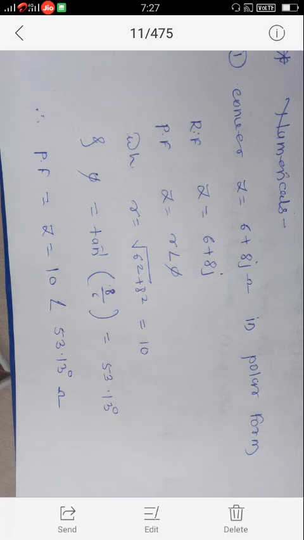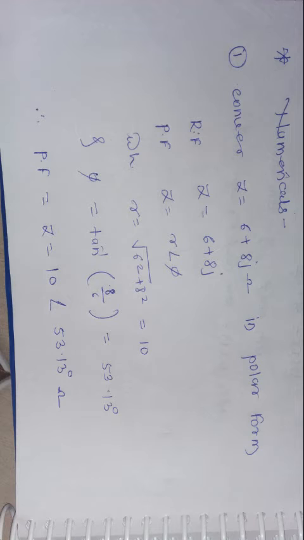Now the final answer or polar form of Z is equal to 6 plus 8j is Z is equal to 10 at an angle 53.13 degree ohm. The conversion is very simple but most important while solving the problems.